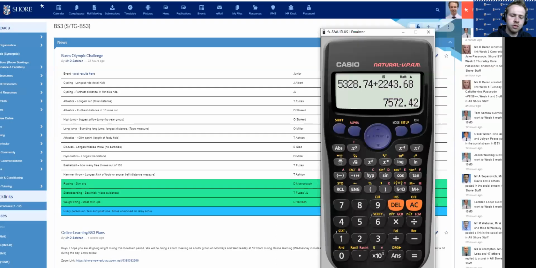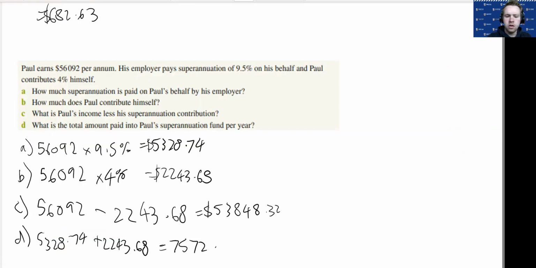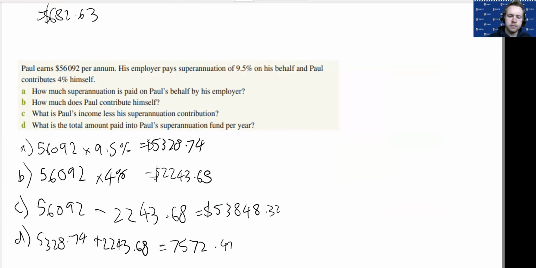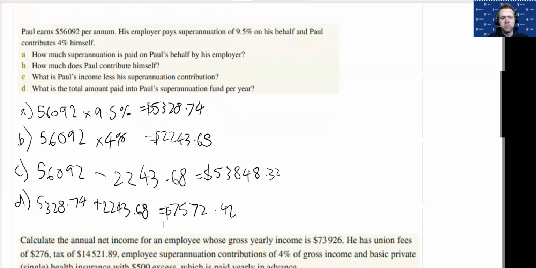Is it 0.42? Whoops. 0.42, yes. Okay, so that's the total amount paid into the superannuation fund.